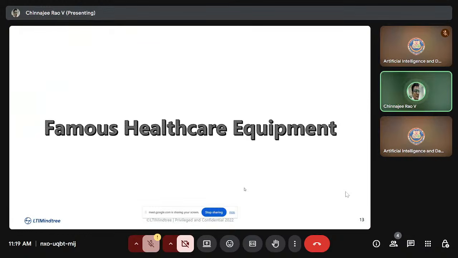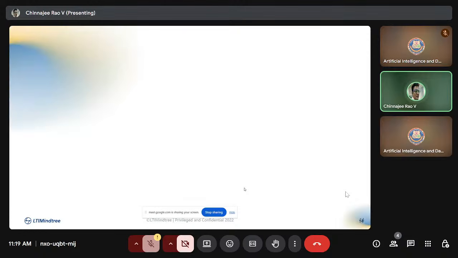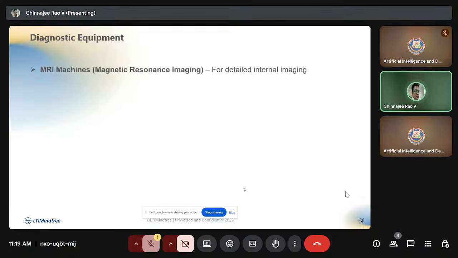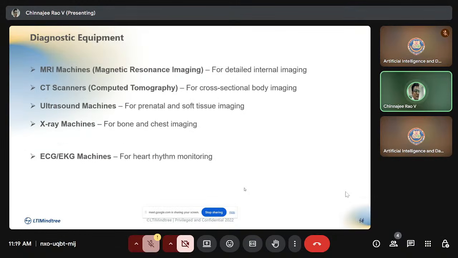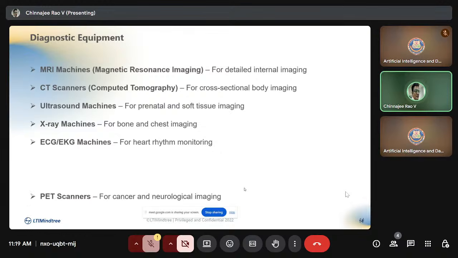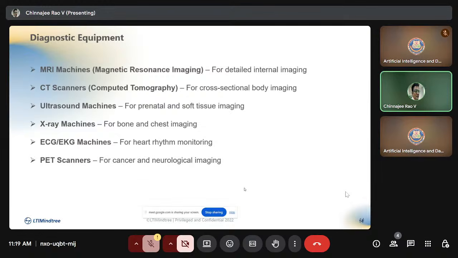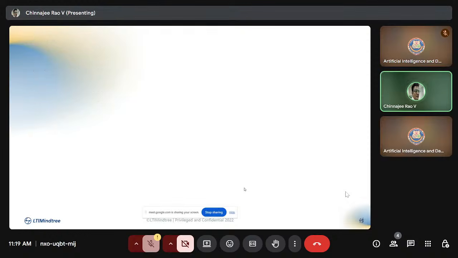Now, I'm going to explain the famous equipment available in medicine. Okay, that will be part of AI. First, diagnostic equipment. Hope you guys may be aware of it already. First, MRI machines, right? The expansion of MRI is magnetic resonance imaging. Then CT scan, then ultrasound machine, X-ray machine, ECG and EKG, PET scanner. It will scan the neurological images in an accurate and faster manner.